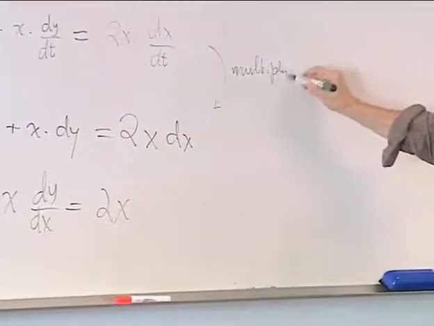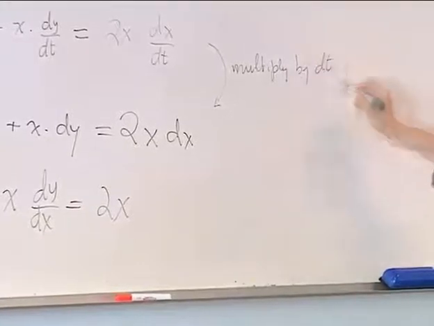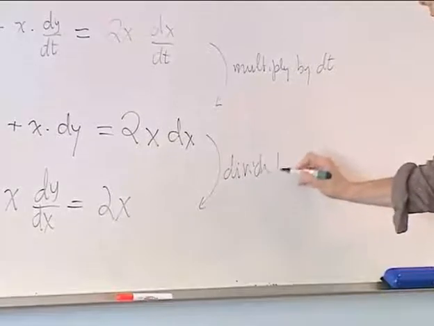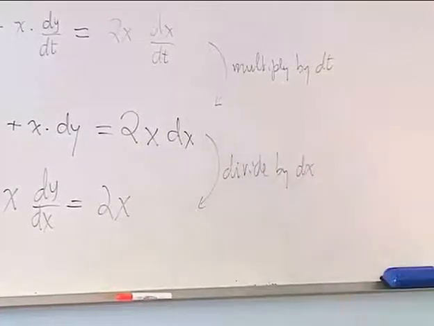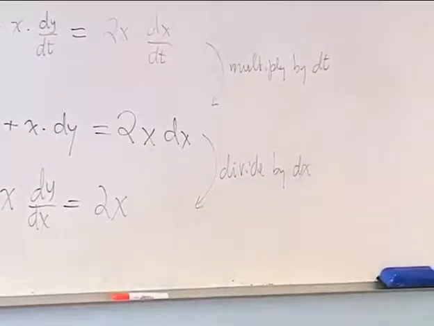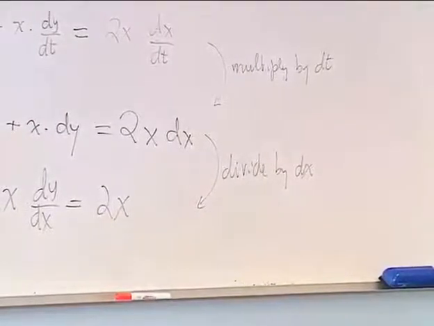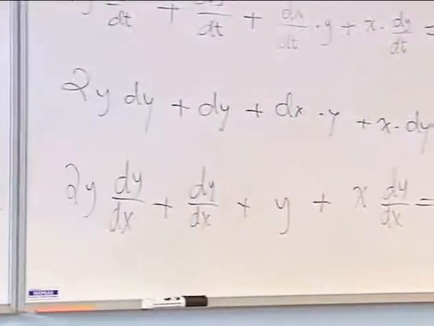Multiply by dt. Divide by dx. The bottom formula down there, solve for dy dx.